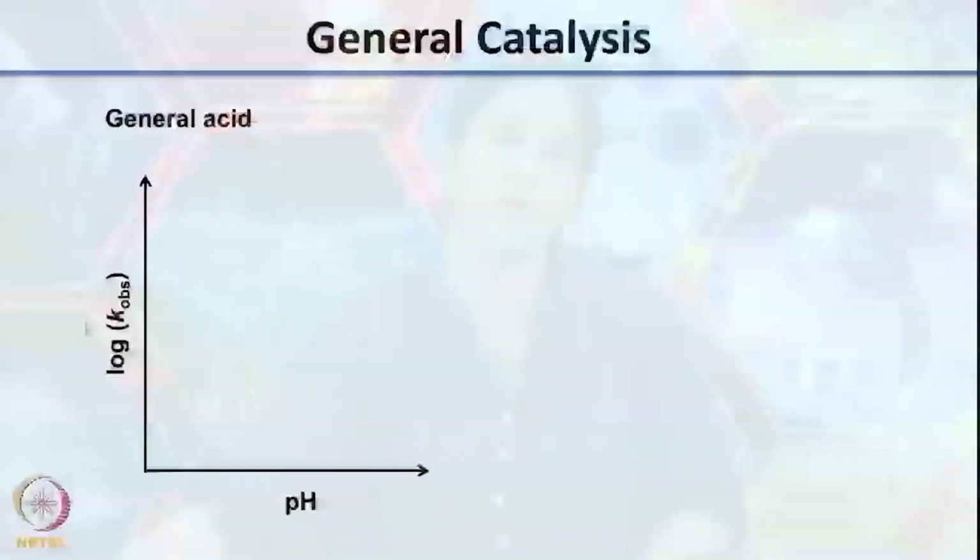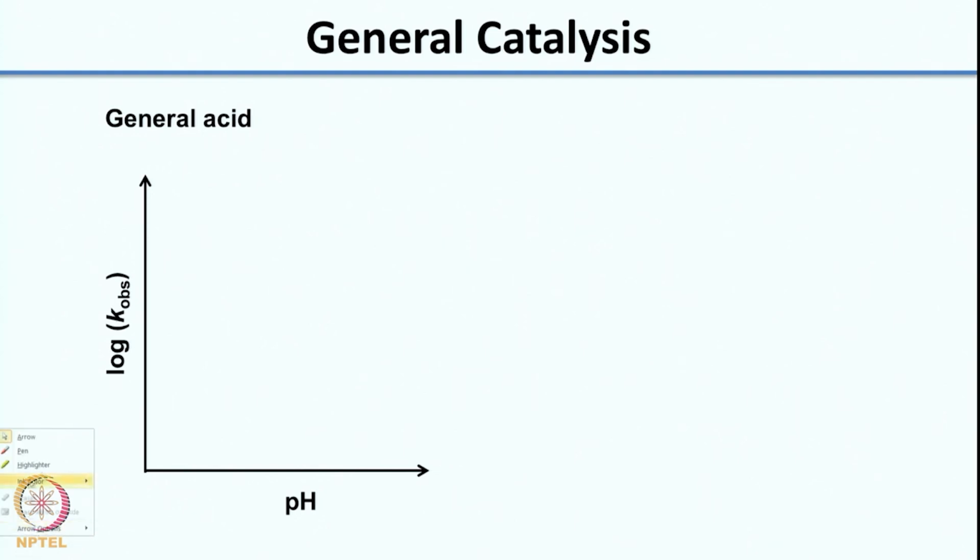Now like last time, this is slightly more involved. I want you to think about how log of K observed will vary with pH for general acid catalysis. Remember that the K observed depends on the concentration of HA.